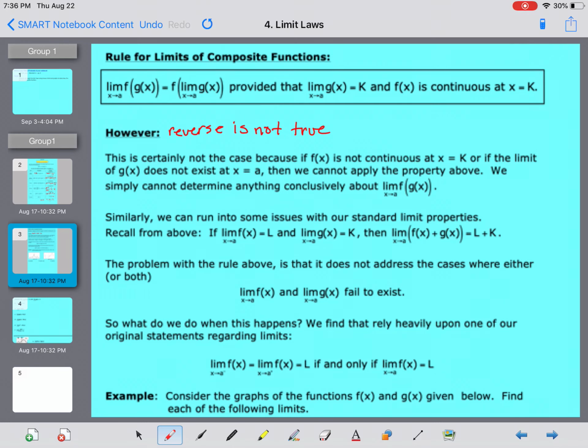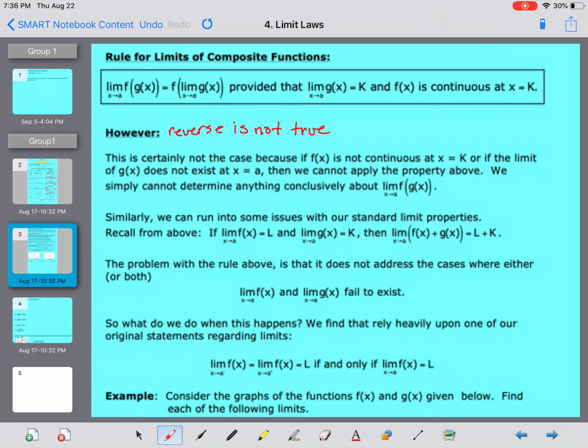Just because f of x is not continuous doesn't mean that this rule will not apply. In fact, if we're dealing with any limit that does not exist and we're dealing with a combination, so f of x plus g of x, f of x times g of x, or divided by, if one of them does not exist, that doesn't mean that the limit of the combination is also not going to exist.